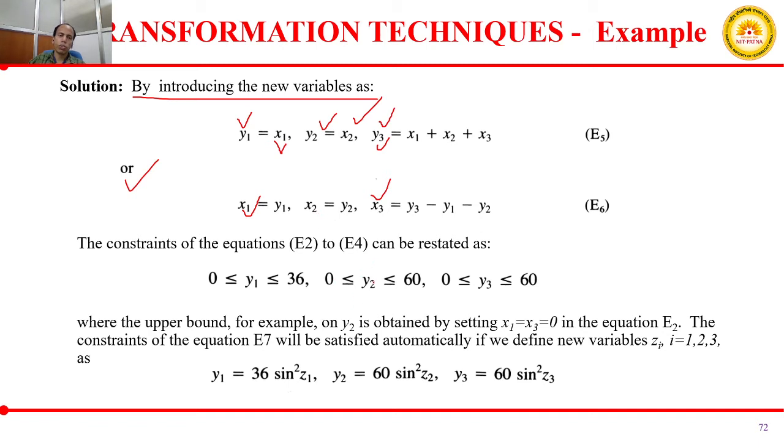So your value of y2 will be between 0 and 60. Your y2 can take any value between 0 to 60. Similarly, y3 is already defined. y3 is x1 plus x2 plus x3, so this can take any value between 0 to 60.